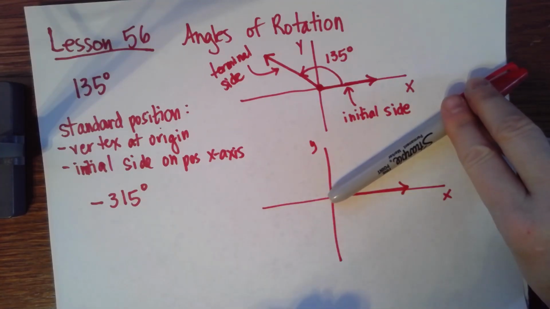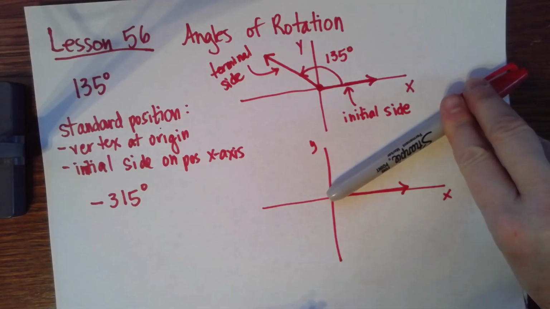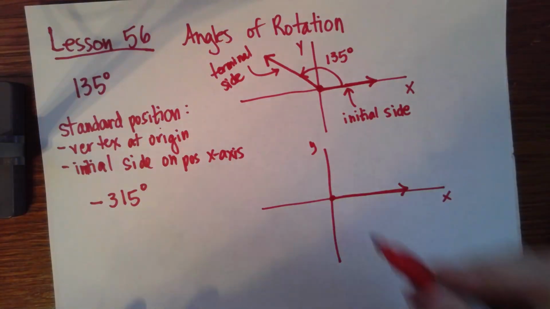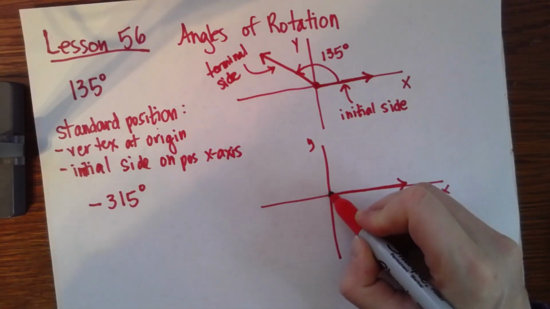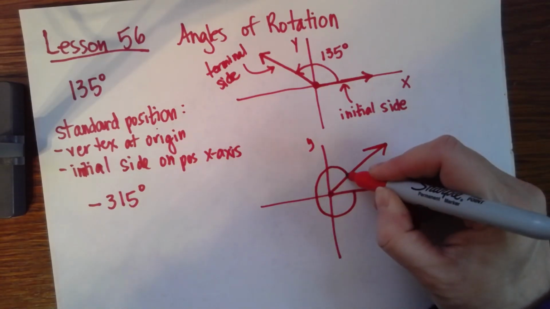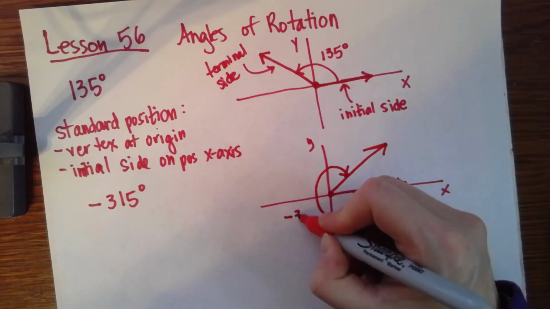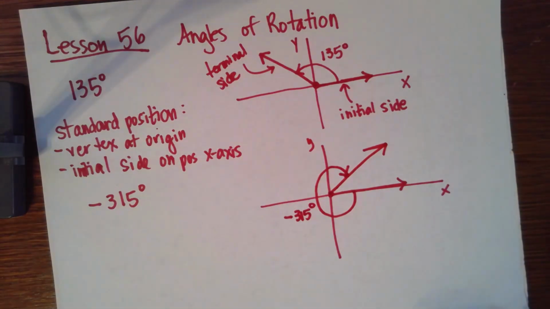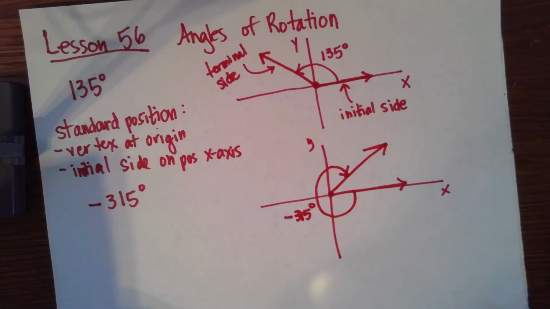Okay, and so that would be where my terminal side is going to be. So it will be right here. So I'm going to rotate this direction, negative 315 degrees. That's what my negative 315 degrees would be in standard position. Okay, so that gives us an idea of what angles look like in standard position.